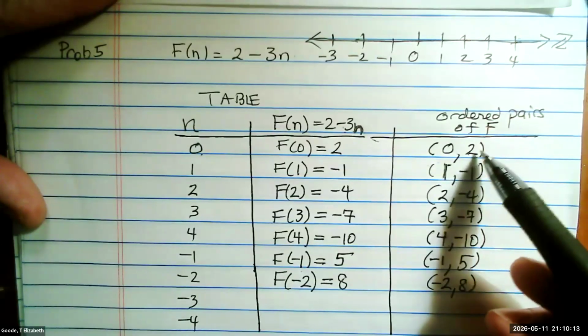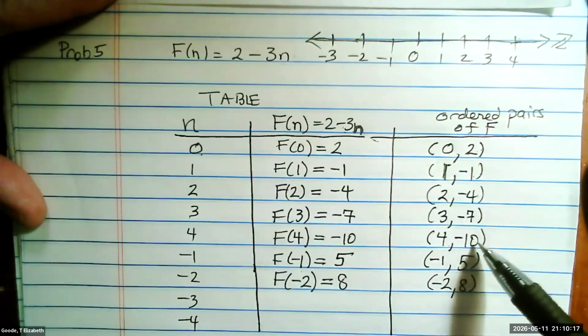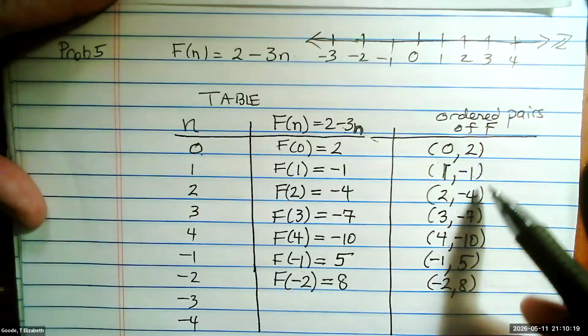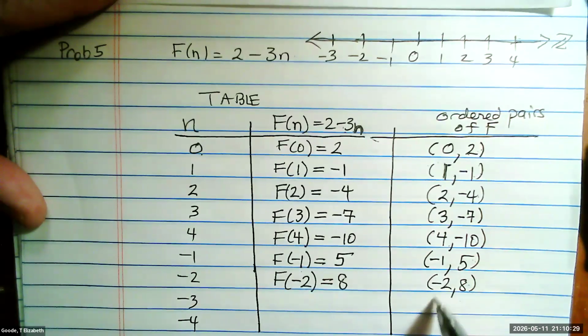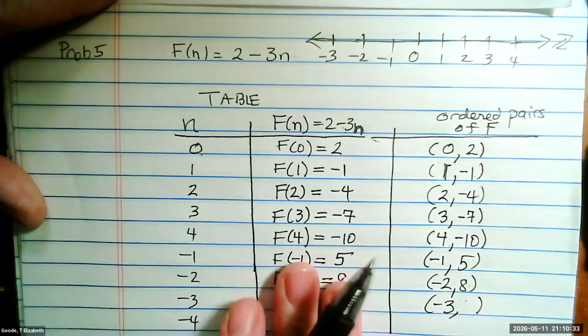Now, wait a second. Do you see the pattern? 2, -1, -4, -7, -10. What are we jumping by? Jumps of size what? 3, 3, 3, 3. So what do you think f of -3 should be without even looking at the function? It should be 11, right?